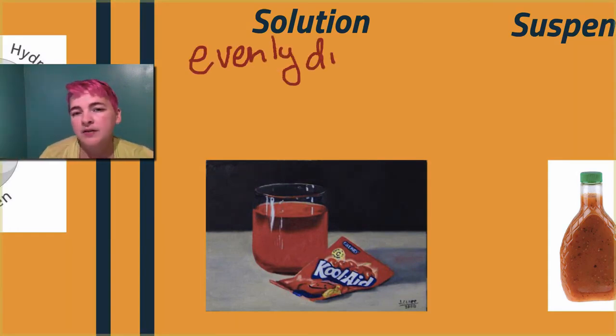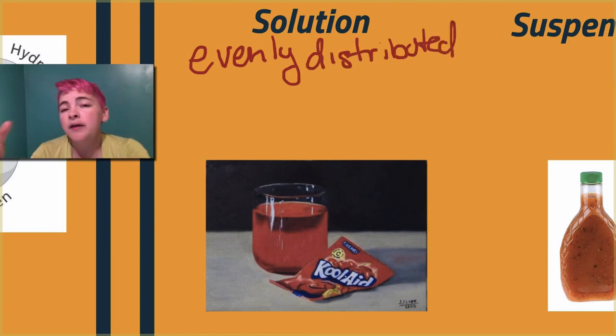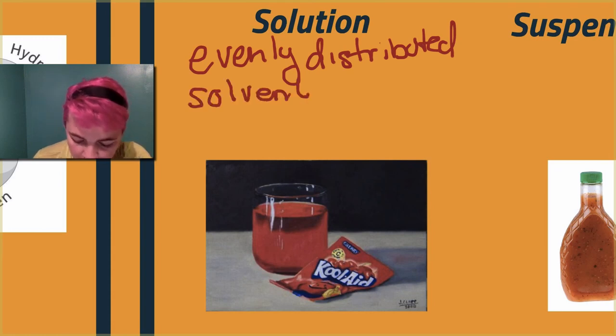An example of a solution would be Kool-Aid in water. The Kool-Aid powder dissolves in the water and becomes evenly distributed, and you can't go in and pick out the individual pieces of Kool-Aid. There are 2 parts to a solution. We have the thing doing the dissolving, which is a solvent.